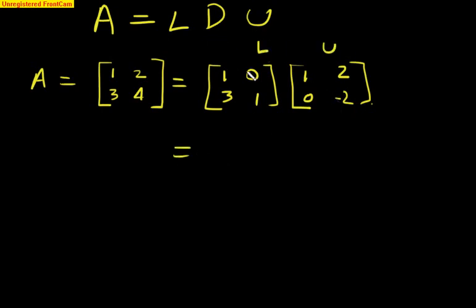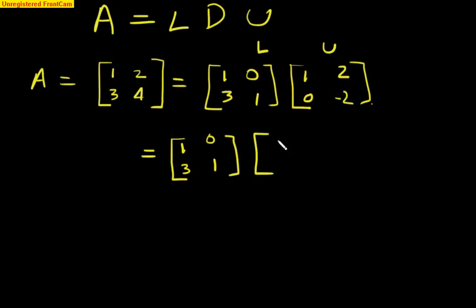Now to find LDU, we first have to find LU, which we have. L is the same: 1 0, 3 1. Now D is a diagonal matrix.